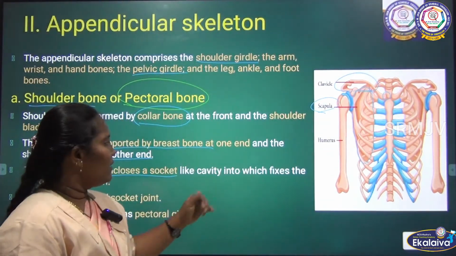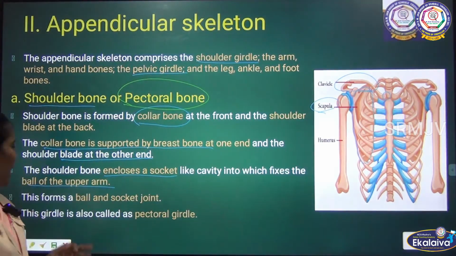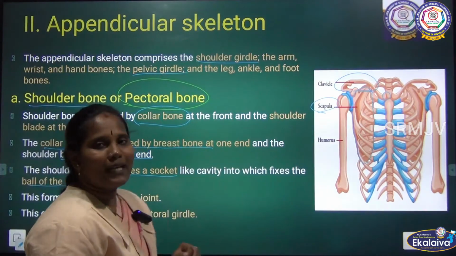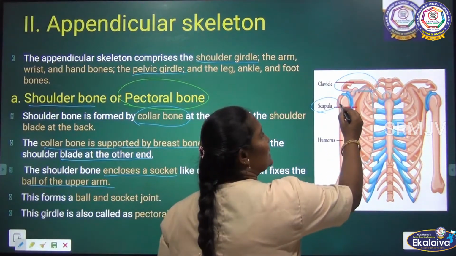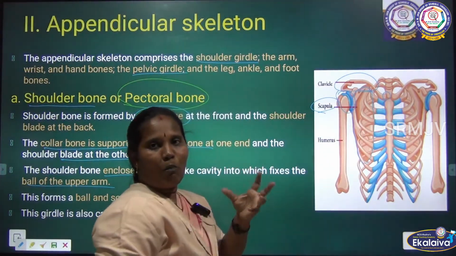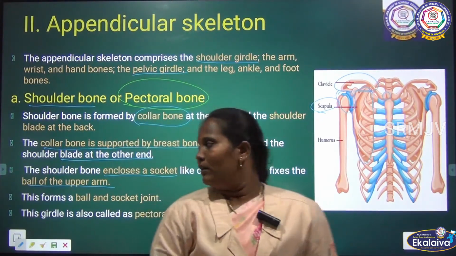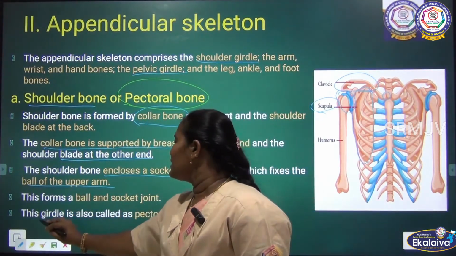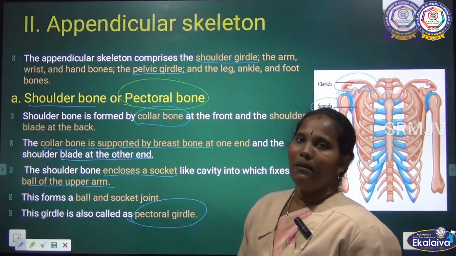The ball of the upper arm fits in, making a ball and socket joint. We already read about this. Clear? This girdle is called the pectoral girdle.